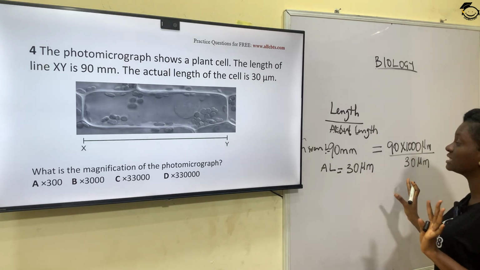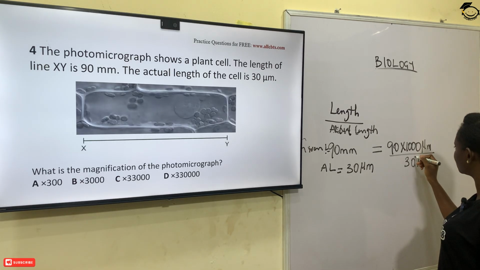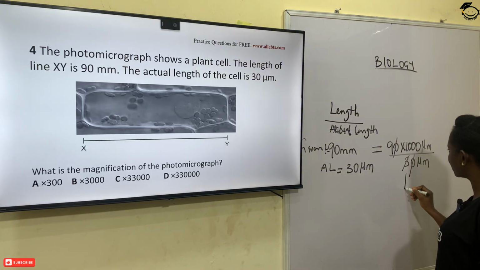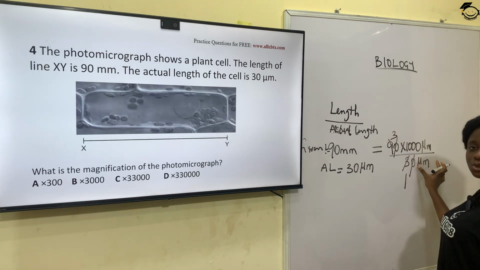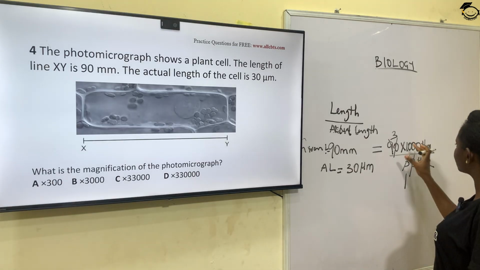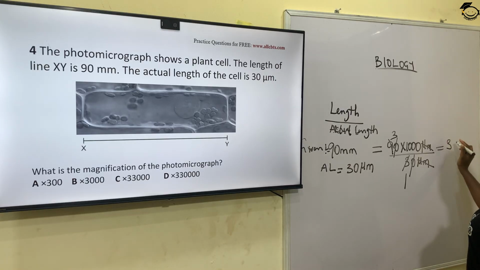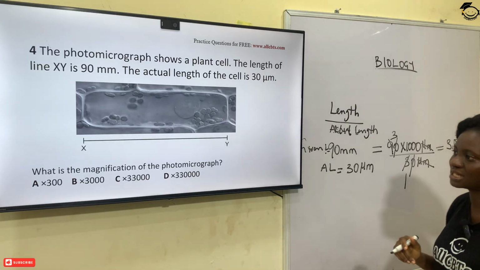So we can see that the unit is uniform now. So we do our division. 3 and 9 will give us 3. So 3 times 1000, we cancel micrometers. So 3 times 1000 will give 3000. So the answer is 3000.